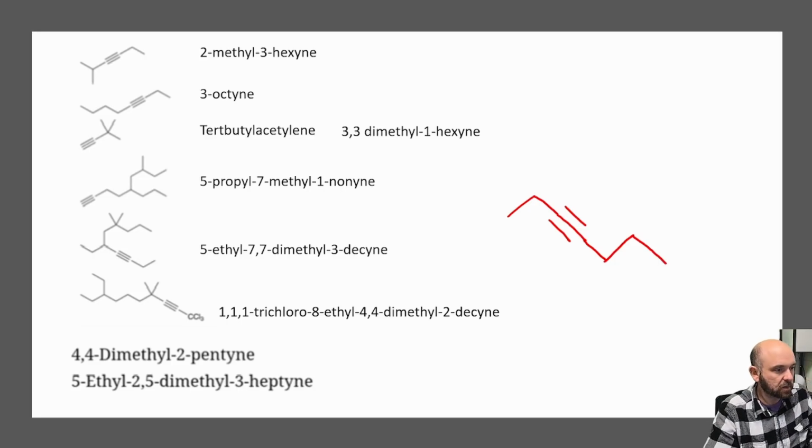So that's a good example of 3-heptyne. 1, 2, 3, 4, 5, 6, 7 carbons to give us 3-heptyne. Number 5, 1, 2, 3, 4, 5 has an ethyl group. And 5 also has a methyl group. And 2 is a methyl group as well. So that is the depiction of 5-ethyl-2,5-dimethyl-3-heptyne.